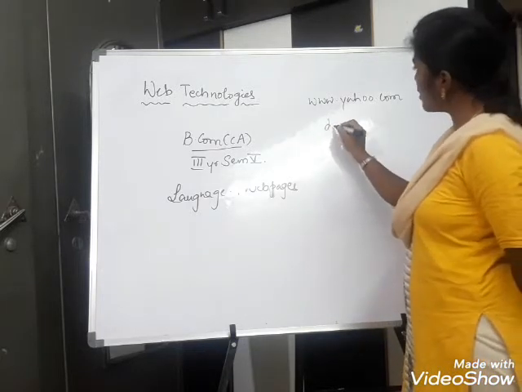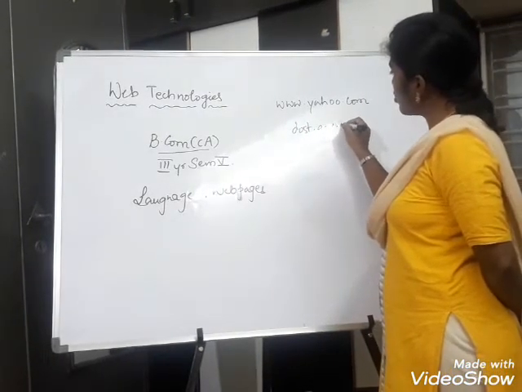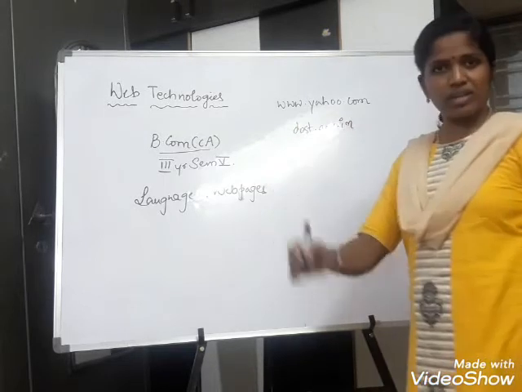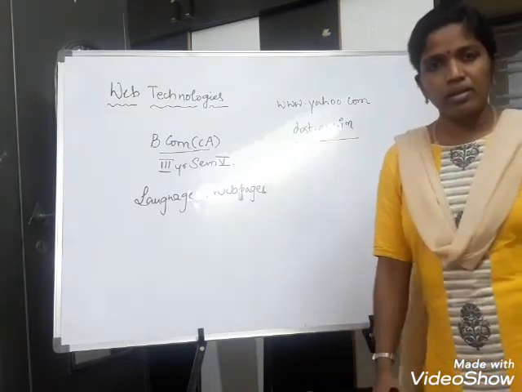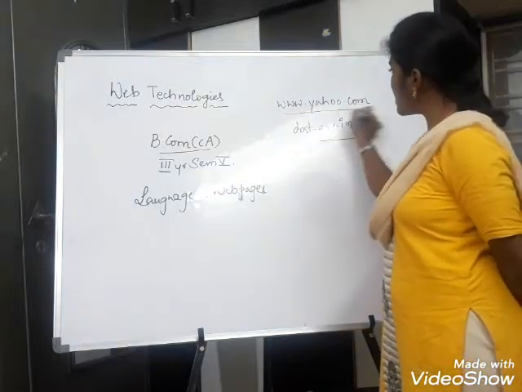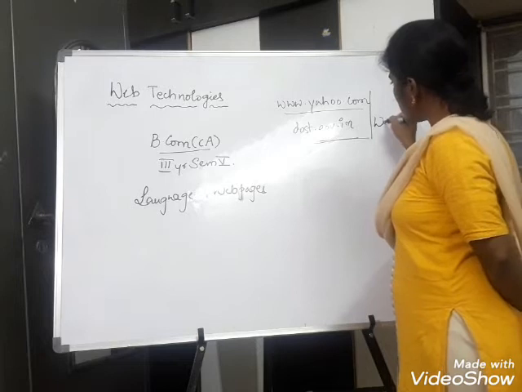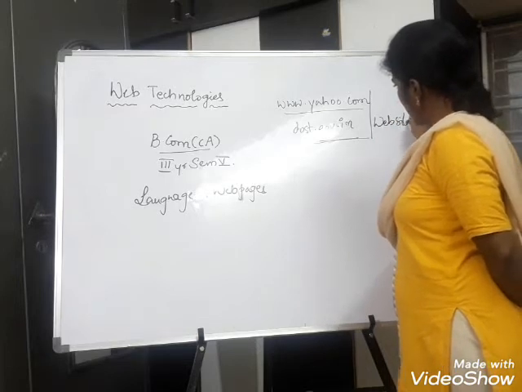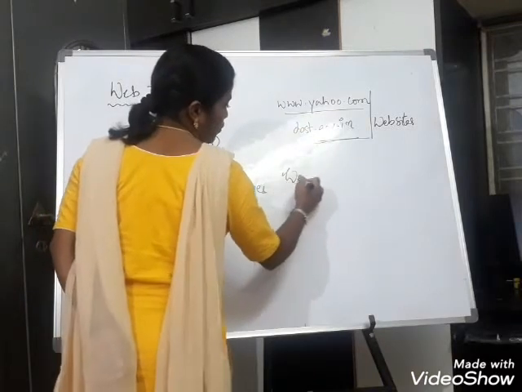And we have heard of dost.gov.in. Definitely yes. We have taken admission through this, right? So what are these? These are nothing but websites. Where do you execute these? In a web browser.